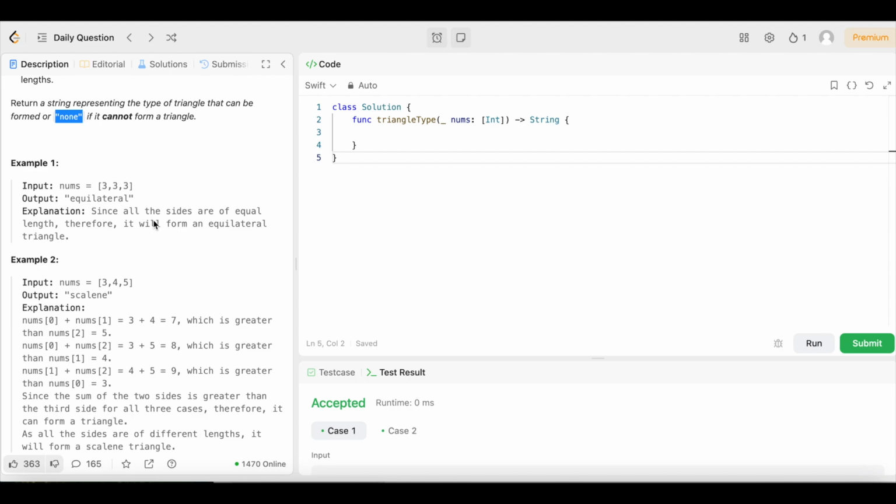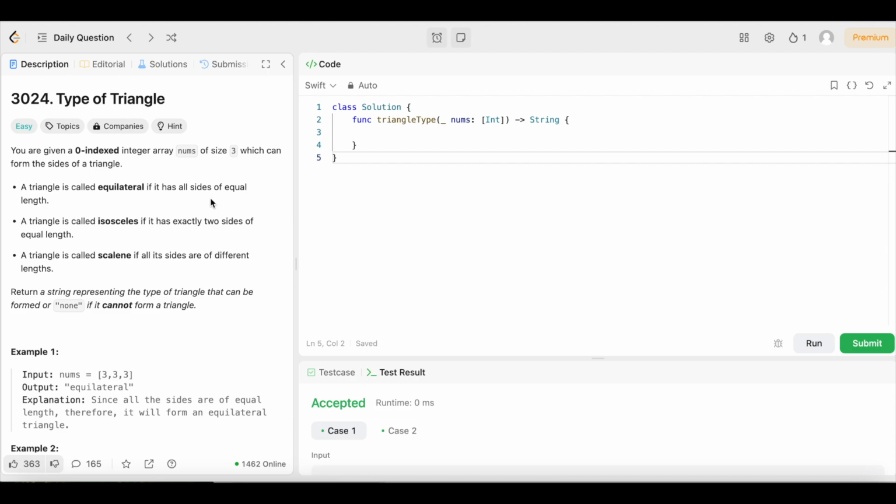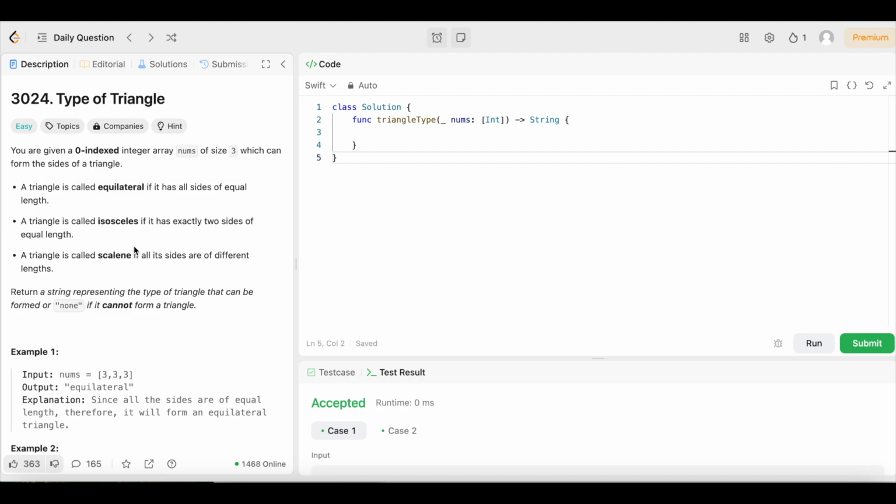Boom. So now that we understand the question, y'all, let's get into the fun part, the actual solution. Let's take a look at these requirements as we write the solution because they're going to be important when we're writing our code. So the first thing we are going to do, y'all, is sort the numbers in nums.